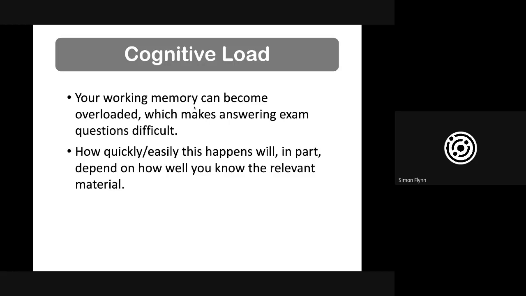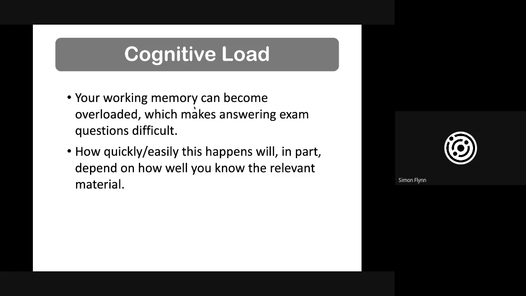But one thing to acknowledge is how well you know something in the first place. That long-term memory stuff: how secure it is in your long-term memory, how well you already appreciate how those different bits of knowledge connect with each other, is relevant to this.